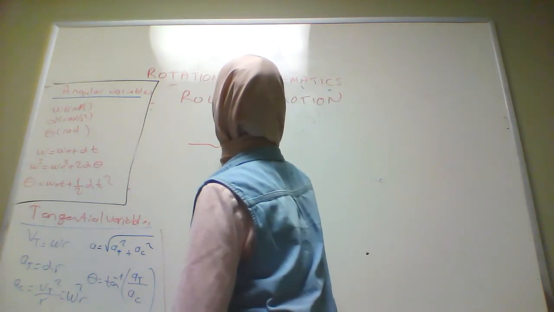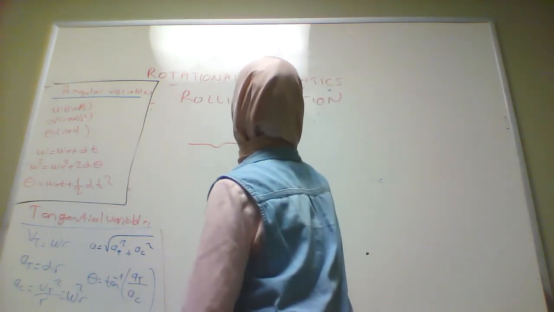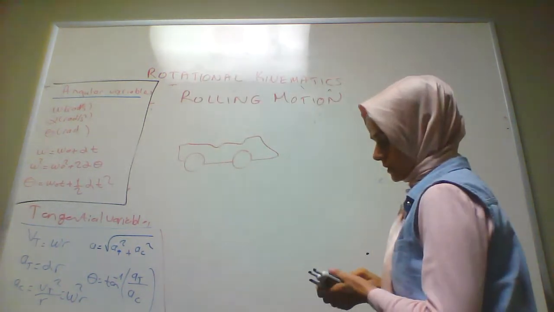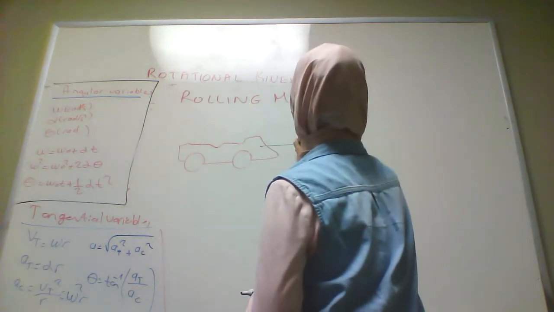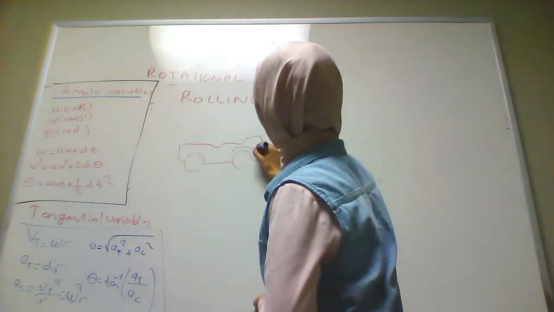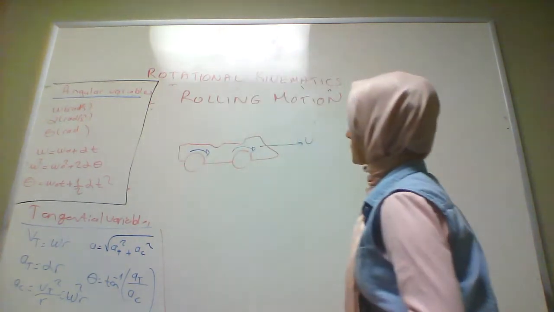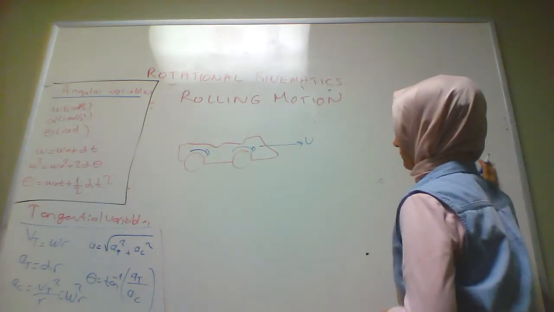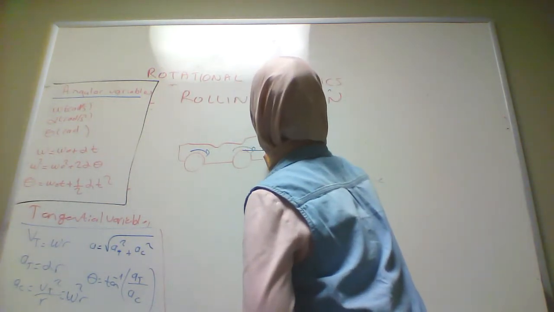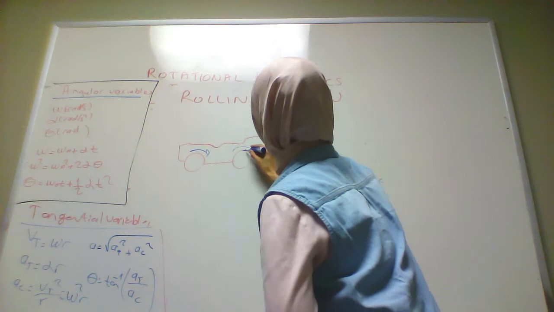It's not really something very new, but when you're driving a car, let me try to draw a car. You start your motor and you give the car a linear velocity, and the tires start to rotate and you start moving. These tires will have a tangential velocity along the edges.